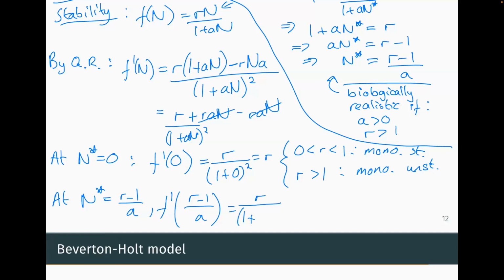So the a's are going to cancel. So we're going to have 1 plus r minus 1. We've got a plus 1 and a minus 1. So we're just going to end up with r over r, oh, sorry, this is squared on the bottom. We have r over r squared, so we're going to have 1 over r.